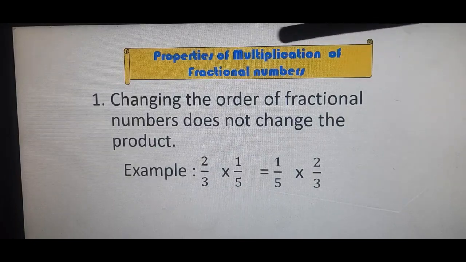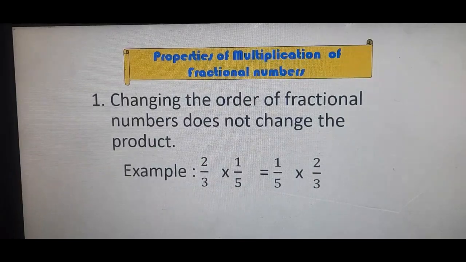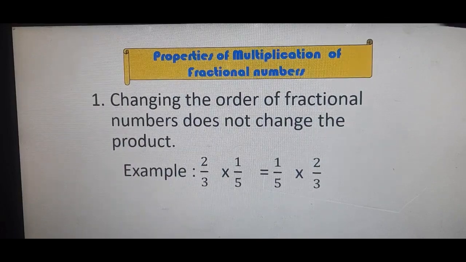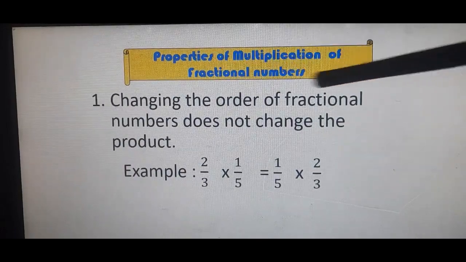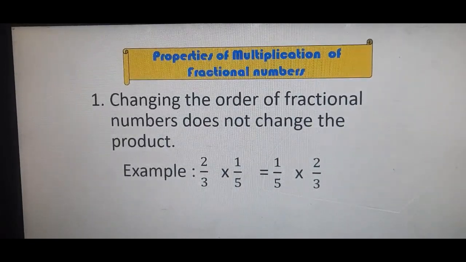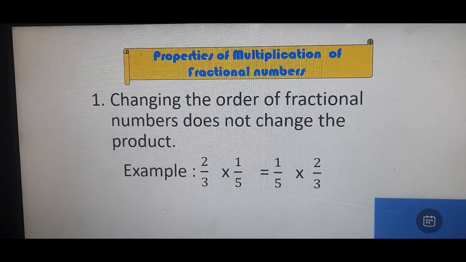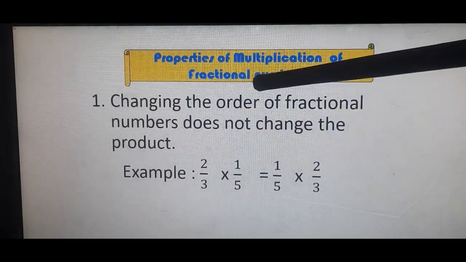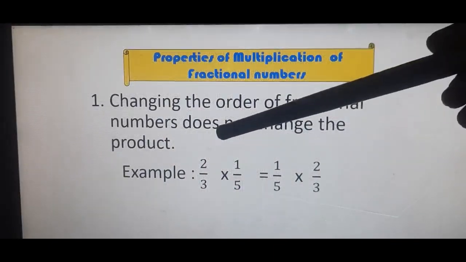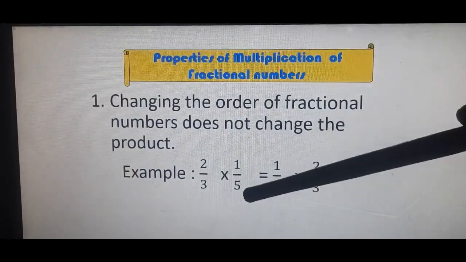So let's start with properties of multiplication of fractional numbers. Number 1. Changing the order of fractional numbers does not change the product. See this example, 2 upon 3 multiply 1 upon 5.